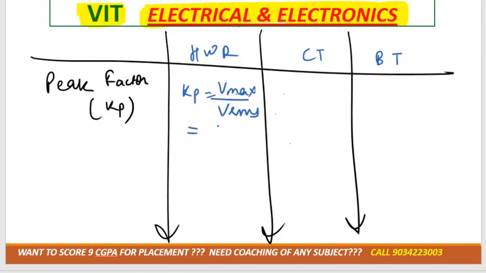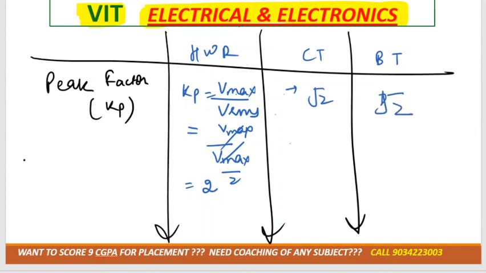So Vmax is how much? Vrms is Vmax by 2 for the half wave, right? So it would be cancelled out. In this case also, Vrms is Vmax by root 2.